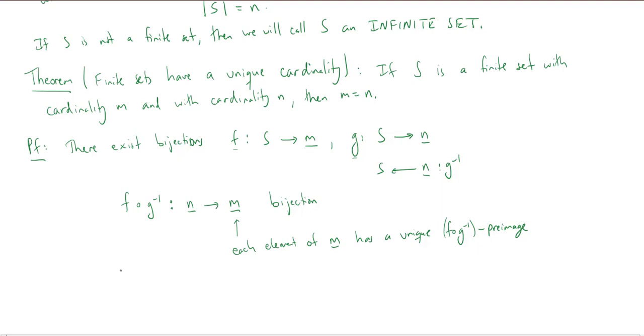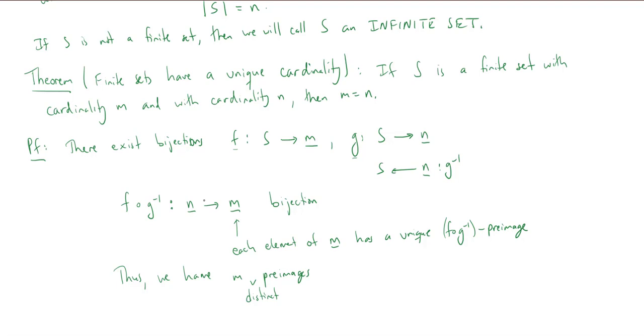Okay, thus we have M preimages, or F composed G inverse preimages. But we also know that F composed G inverse is a function. So you can't have one element in N mapping to two different elements in M. So these are not just M preimages, but M distinct preimages. Okay, so we end up having M different elements inside of N, which are preimages for our elements.